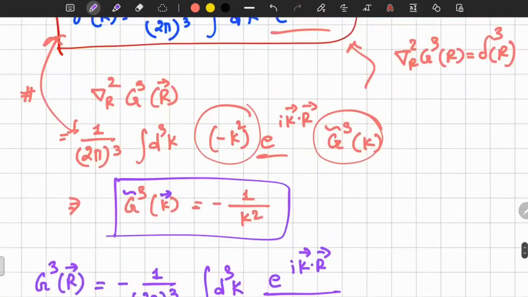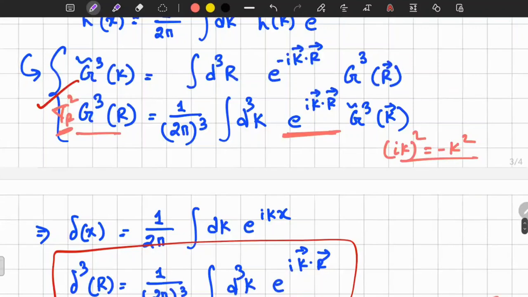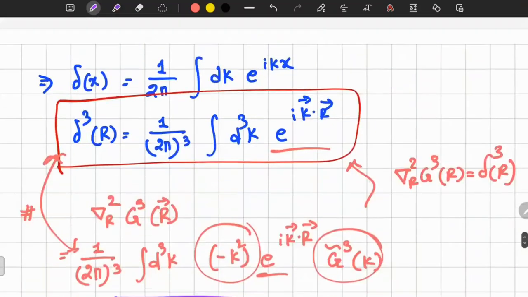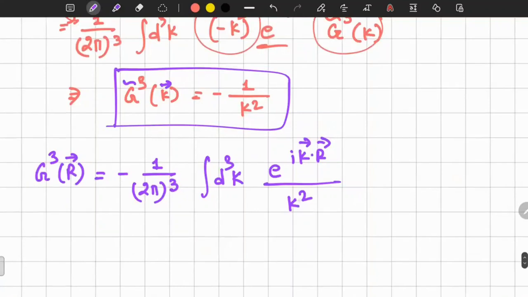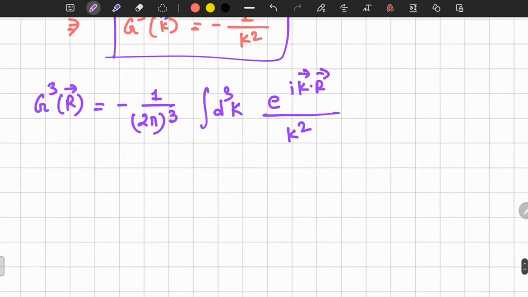How? In this form, this is the form of G(r). I have put in terms of the Green function of k, I have put the minus 1 by k square. So that's why minus appears and k square appears here. So this is the form of our Green function. We needed this part, right? Now we have to solve this integral.